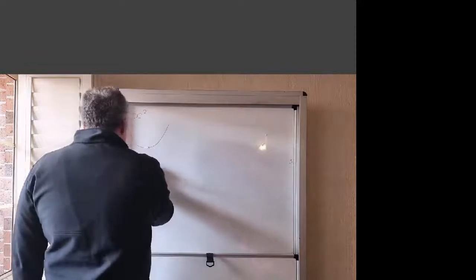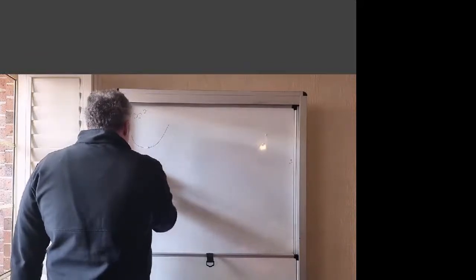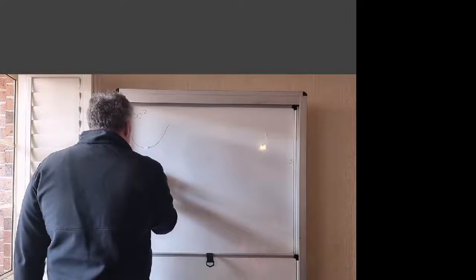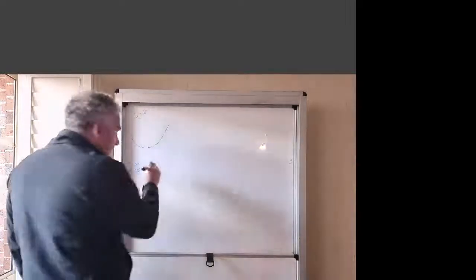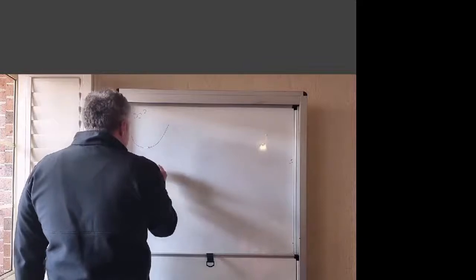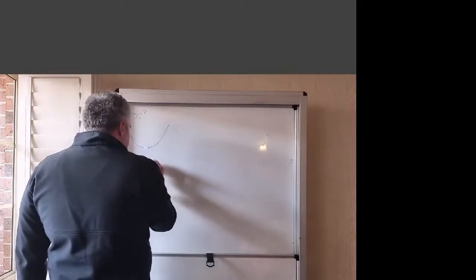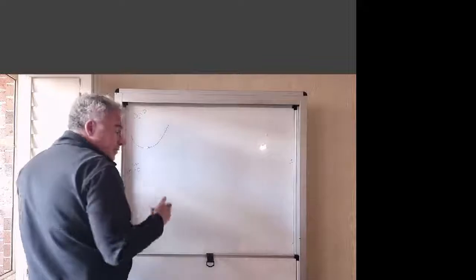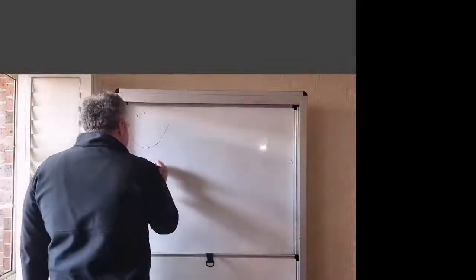So the formula goes: the limit as h approaches 0 of the function, which in this case is x squared, so the function on top plus h.